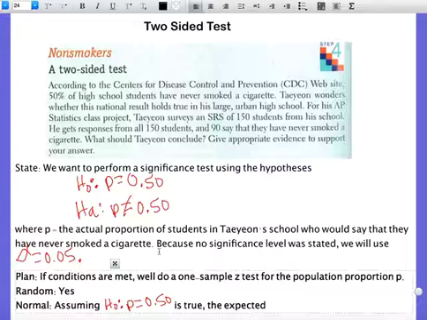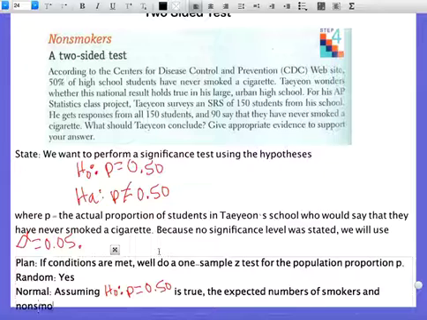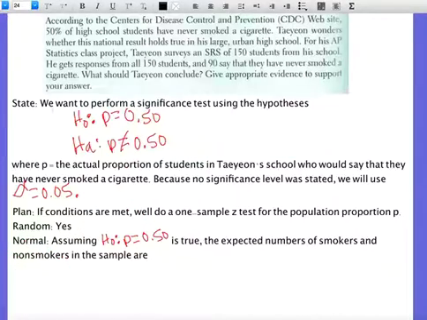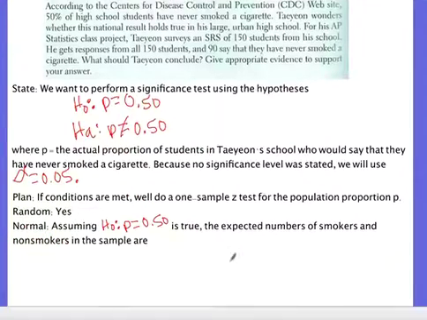Then the expected numbers of smokers and non-smokers in the sample are. This is when we do the N times P0.